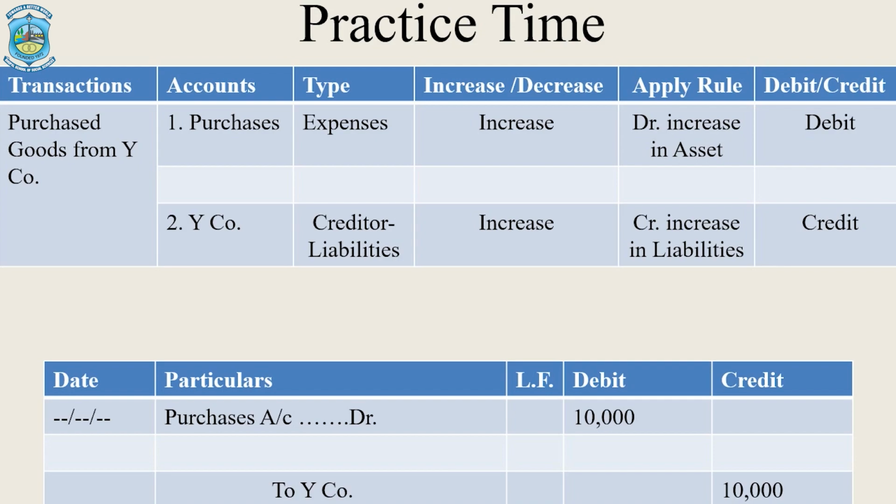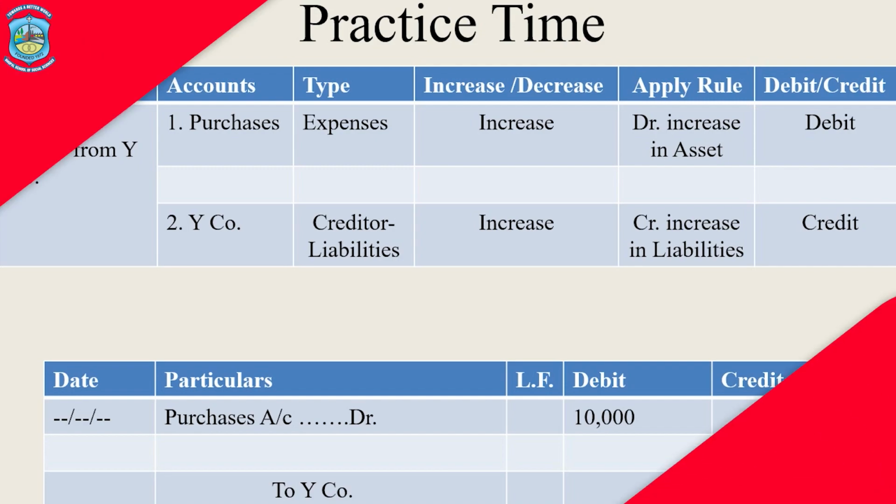So both the accounts have been observed as increasing. Now apply the rule. Increase in expenses are debited, as in assets, whereas increase in liabilities are credited. Thus, the journal entry shall be purchases account debited to Y company, that is the creditors.